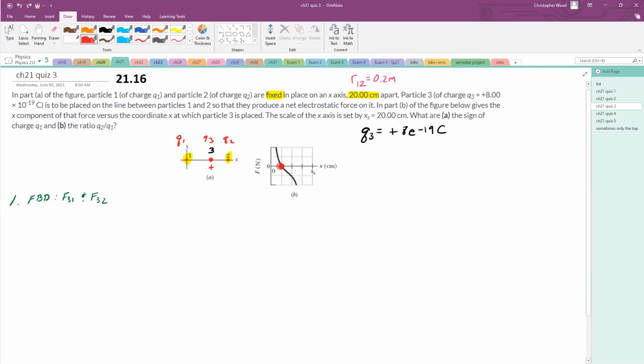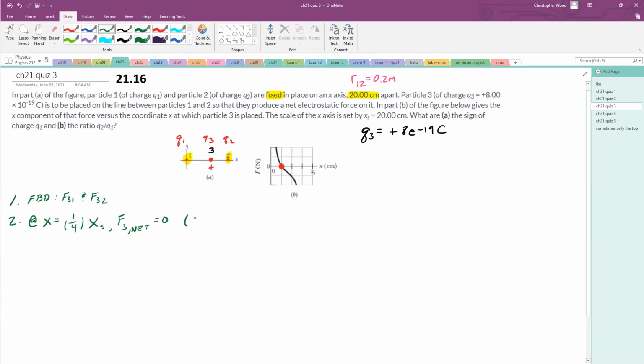At that point, at x equals 1, 2, 3, so at x equals, I guess you could say, 0.25 or maybe 1/4 of xs, the net force on particle 3 equals 0.